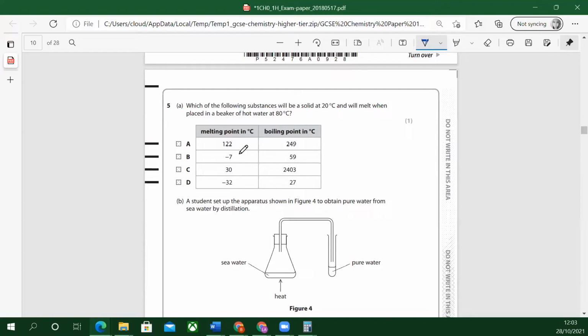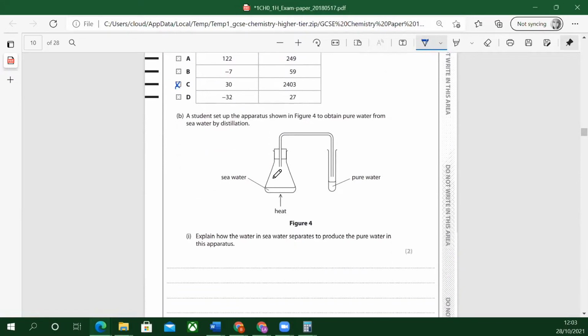So they both are not solids at 20. You might need to get a number line out to realize this. If that melts at -7, at 20 degrees it'd be a liquid. If that melts at -32, at 20 degrees it'd also be a liquid. That's the only one here that's a solid at 20 degrees and melts at 80. So the only answer there is C. If you want to do some working at the side, you can, like a number line with melting, because that's quite confusing to think about if you're not used to it.